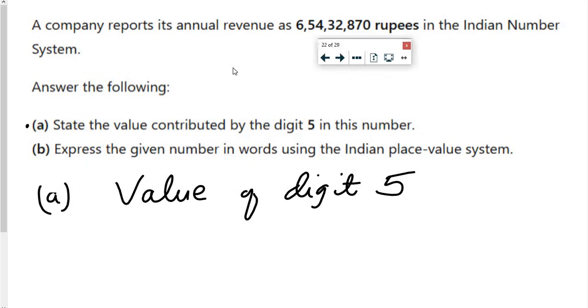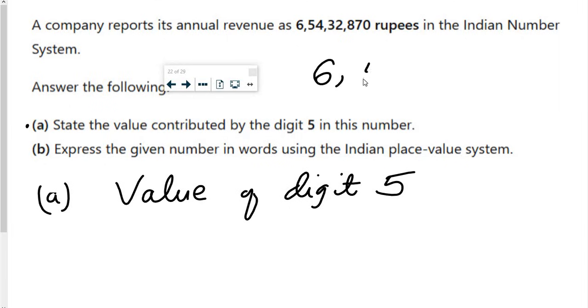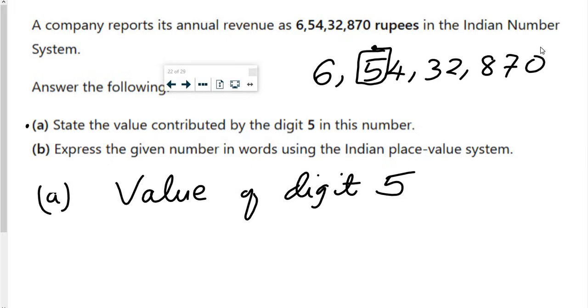So first of all, let us try to see where is 5. We have 6, 5, 4, 3, 2, 8, 7, 0. This is 5. Now, in which place value is 5? From here, ones, tens, hundreds, thousands, 10,000s, lakh, 10 lakh.